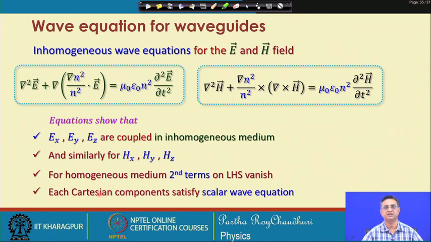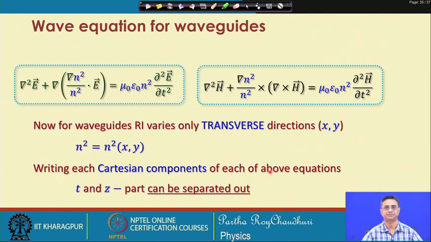Each Cartesian component, for example E x, E y, E z, H x, H y and H z, will satisfy the scalar wave equation.